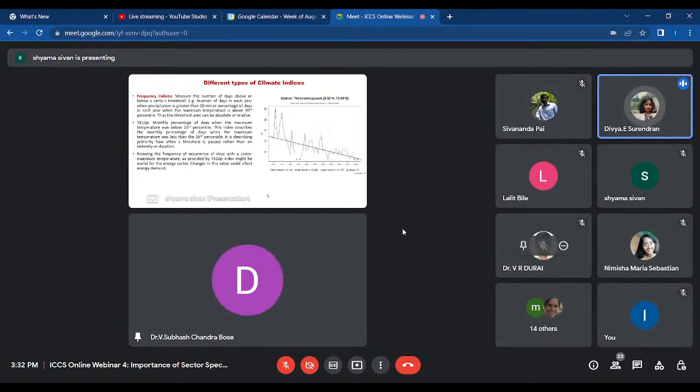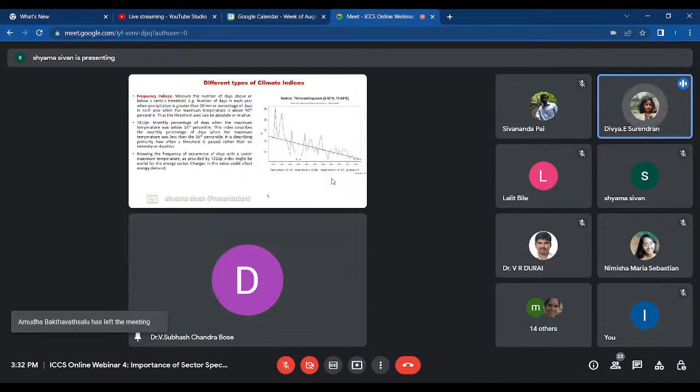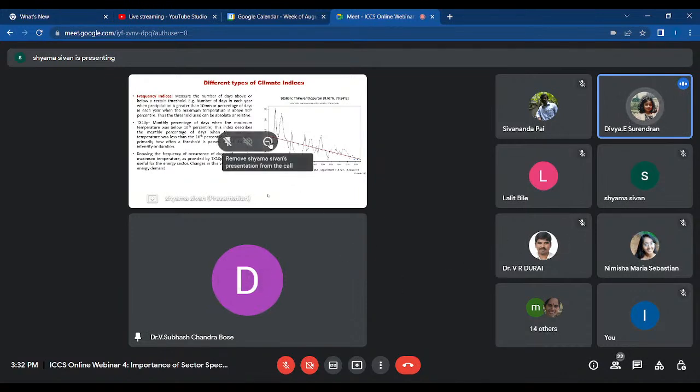Suppose TX10p. It shows the lowest 10th percentile, whether the maximum temperature was below the 10th percentile.